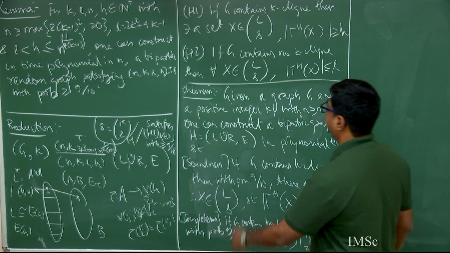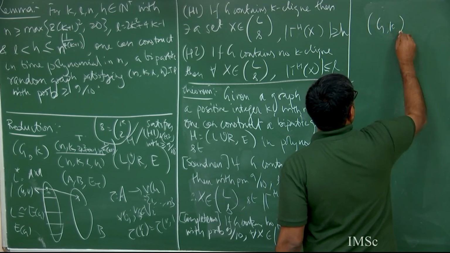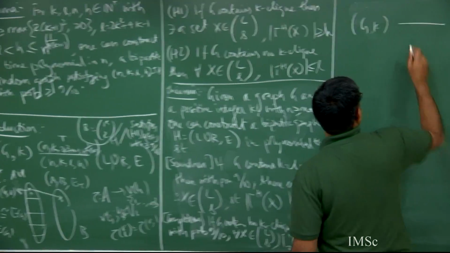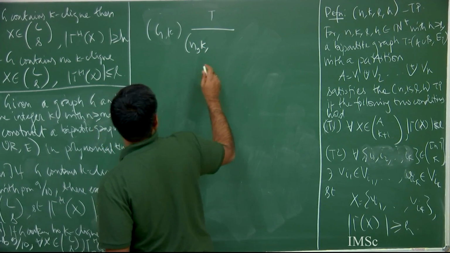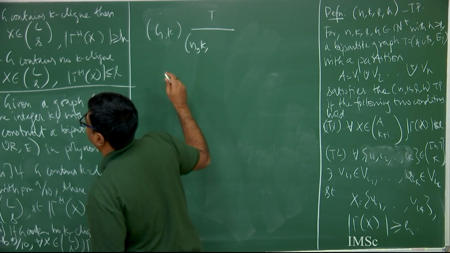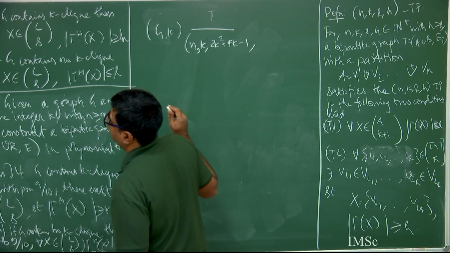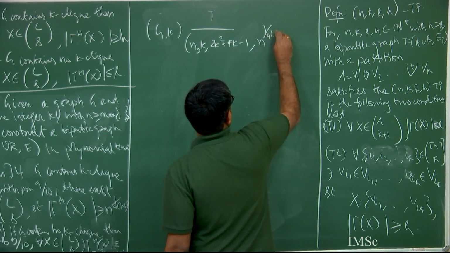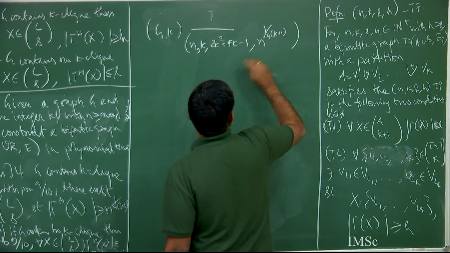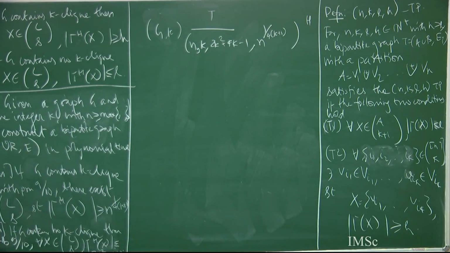So given G comma k, you apply this reduction lemma with the threshold graph with property N, k, 2k² plus 4k minus 1, and n to the power 1/(4k plus 1). And then you will get an H. So what do I feed to this reduction algorithm? I feed my graph G comma k.